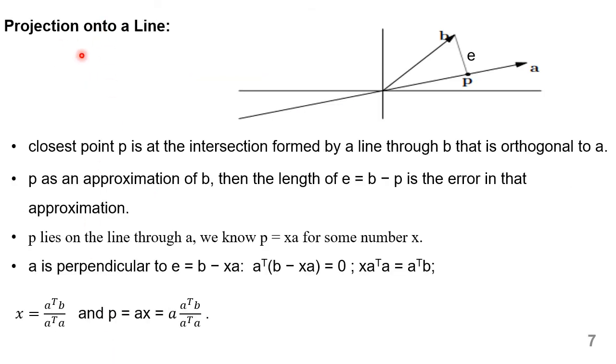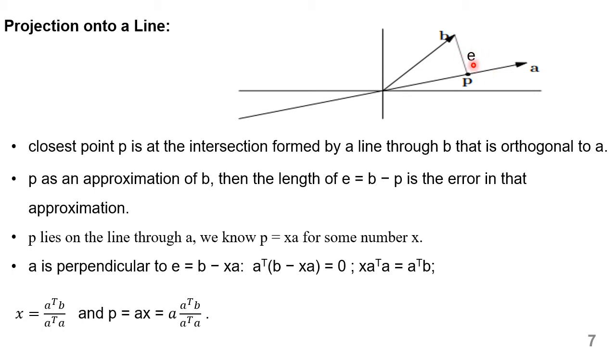Let us see how a vector can be projected onto a line. B is a vector. We want to project this vector onto the line A. The shortest distance will be the distance formed by a line which is orthogonal to A. So I am projecting this B onto this A perpendicularly so that E and A are perpendicular to each other.